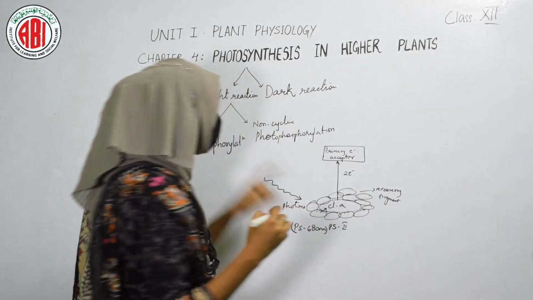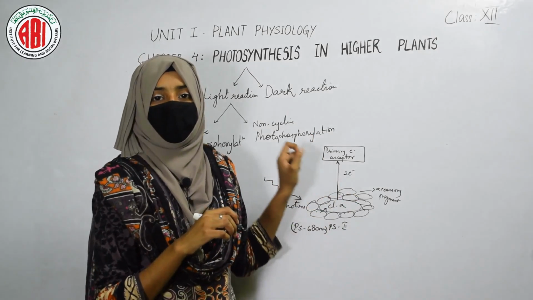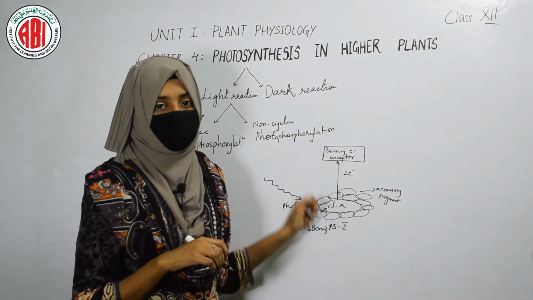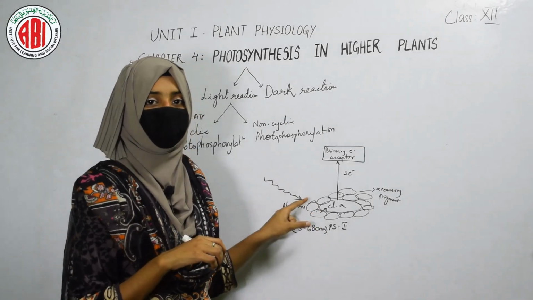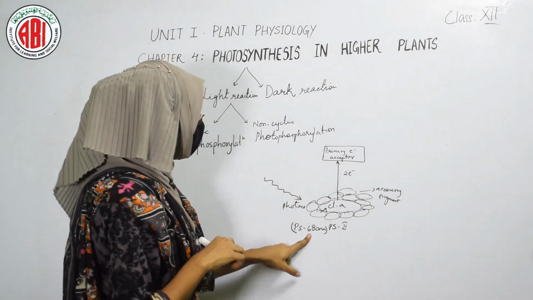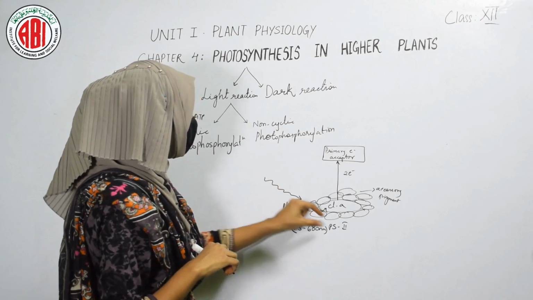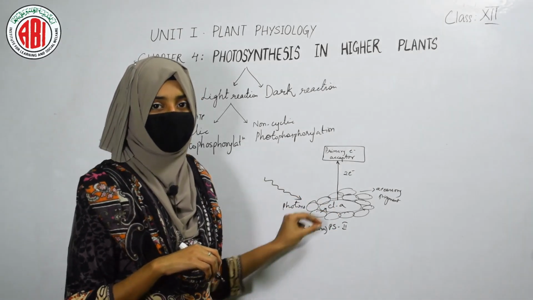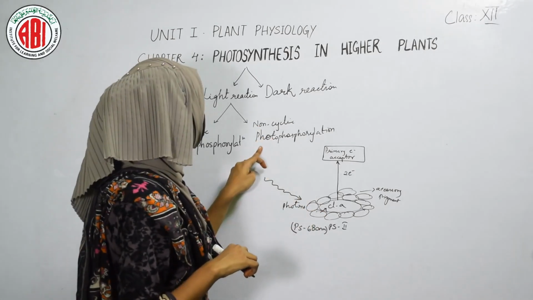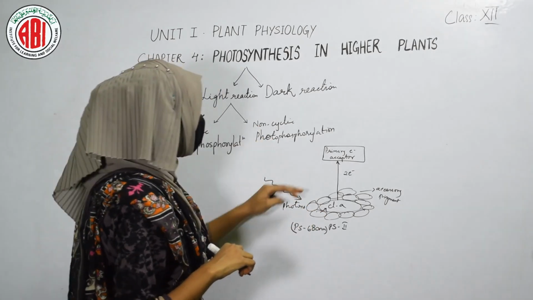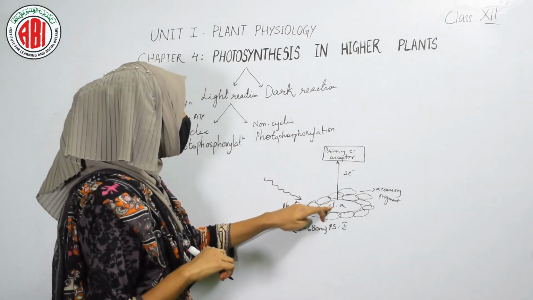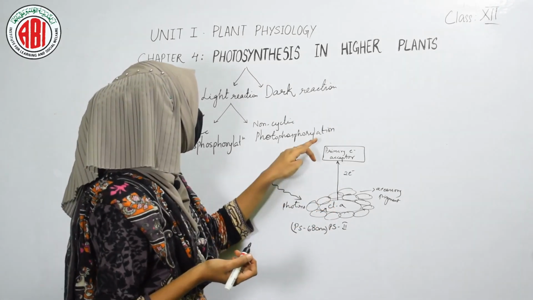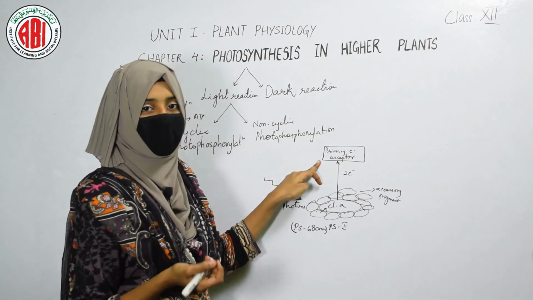That means the chlorophyll A of this PS2 system absorbs light of 680 nm wavelength. So in this way, PS2, photosystem 2, is the main system where non-cyclic photophosphorylation starts. Now when the two electrons are excited by this chlorophyll A pigment, they are absorbed by the primary electron acceptor.